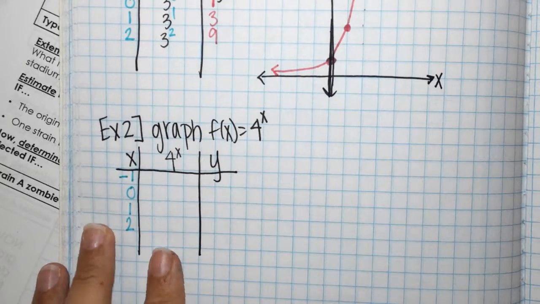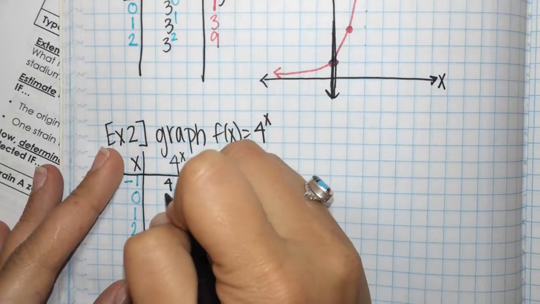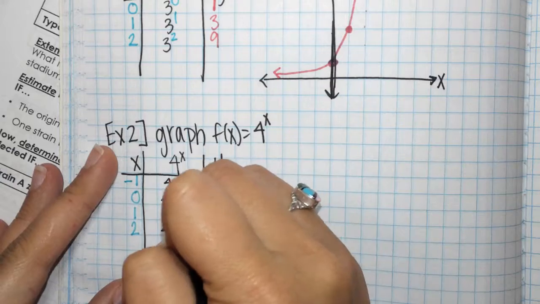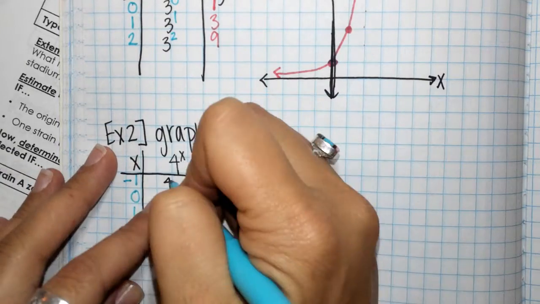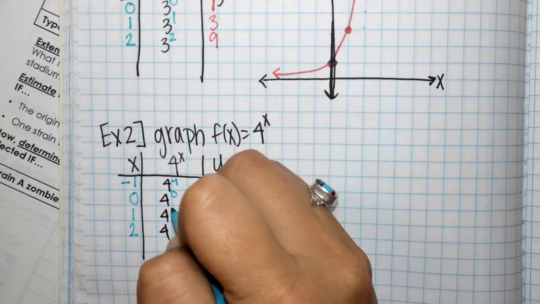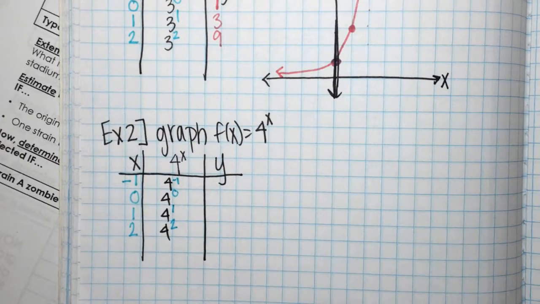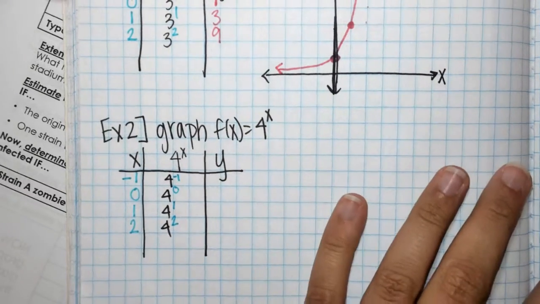So our process column, which is what's in the middle, we're going to write 4 to the what? What's the first one we're going to write? 4 to the -1. And then we're going to write 4 to the what? And then 4 to the? And then 4 to the? Awesome. Because our function is 4.